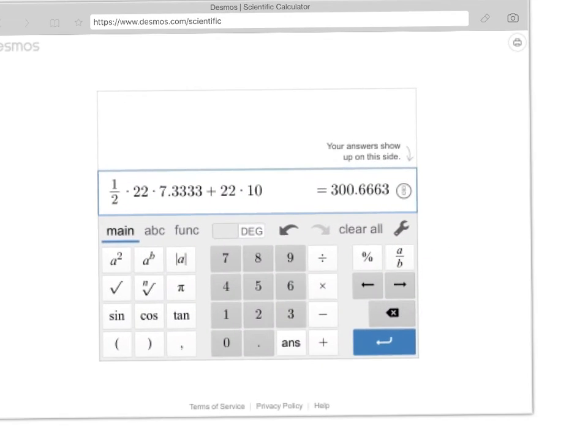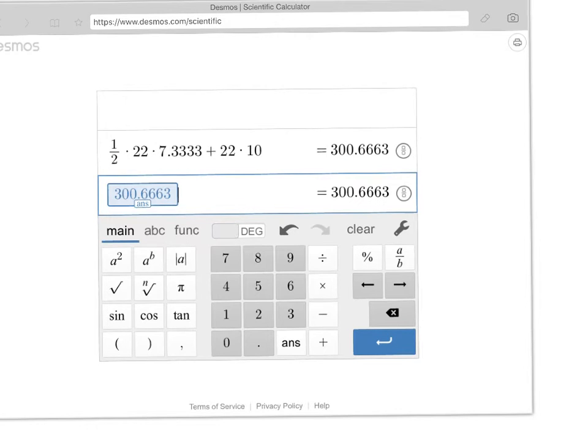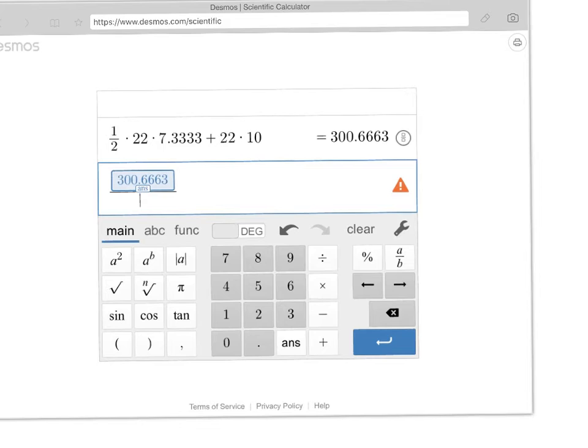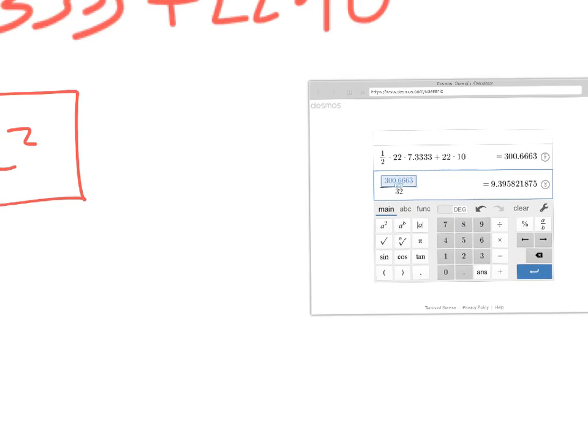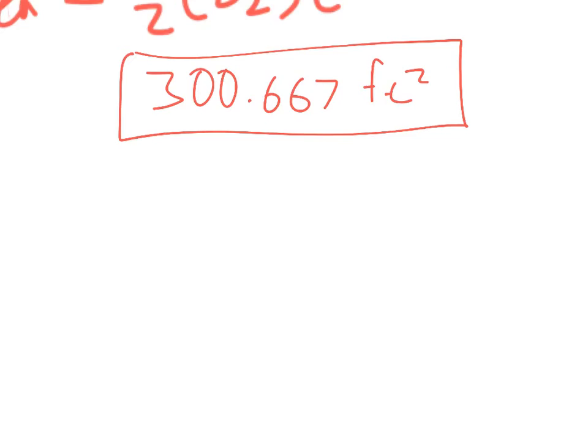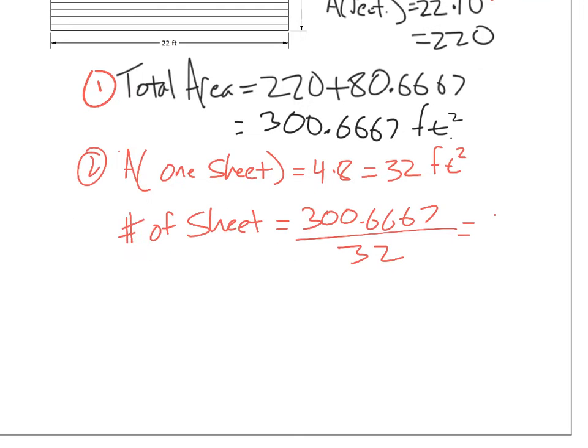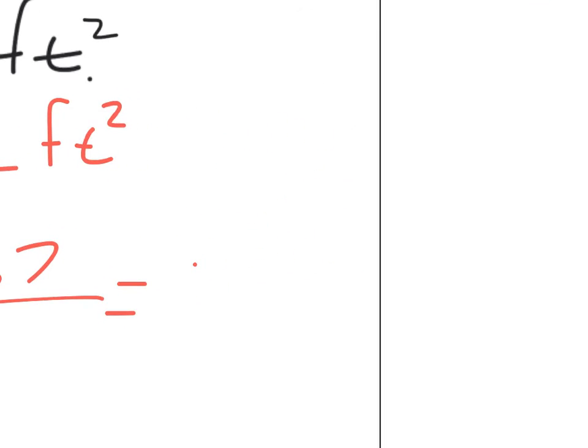In fact, I already have that number in my calculator, so I'll just enter answer divided by 32. There we go, 9.39. So we need 9.39 sheets. Now, can we go to the store and buy just 0.39 of a piece of plywood?